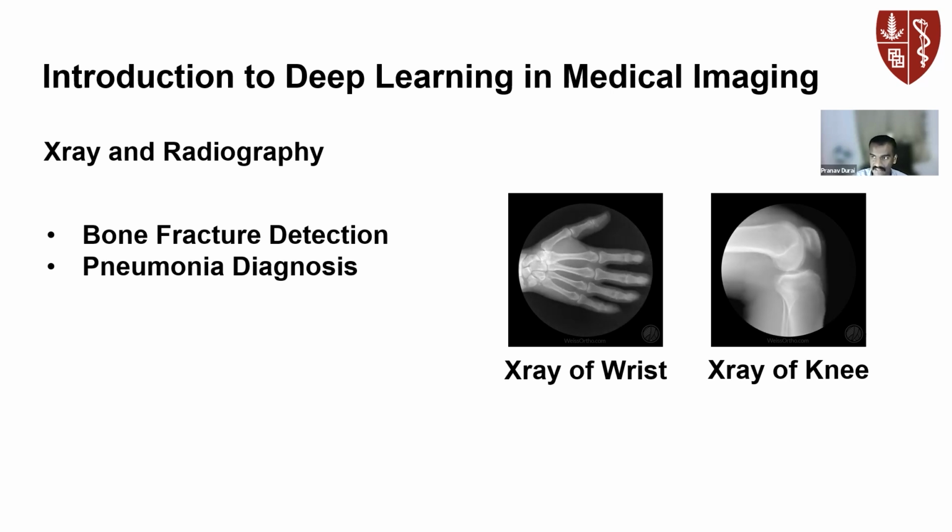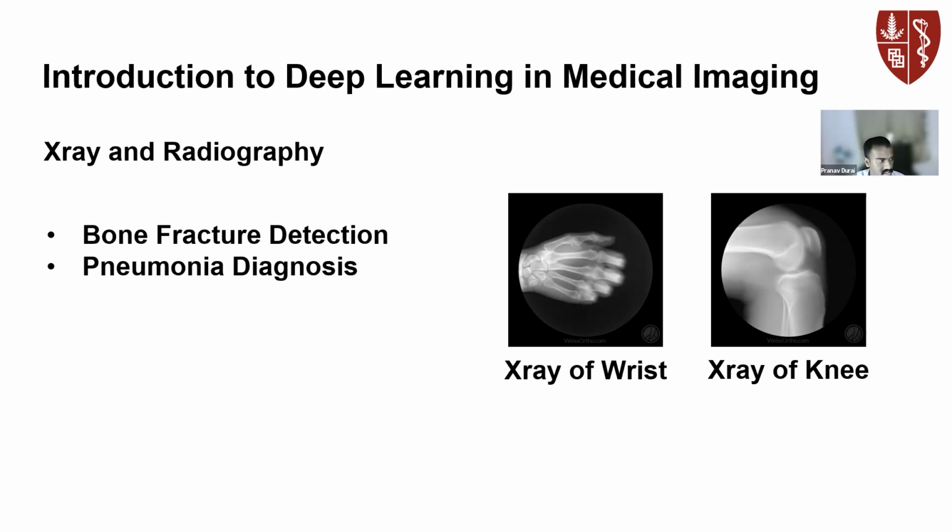And this would make the object detection model robust, to be able to identify multiple types of bone fractures and multiple types of variations as well, right? So this is an interesting application, right?